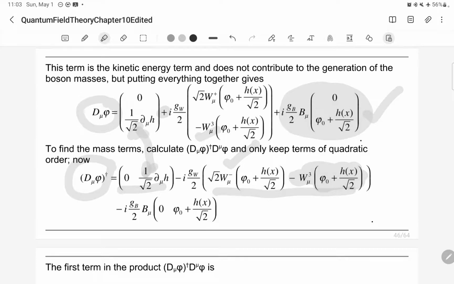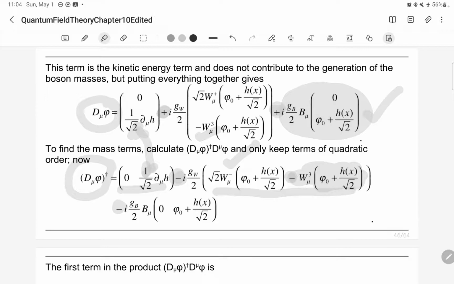And you also have the signs here opposite because it's already the adjoint, and this one also should be opposite.